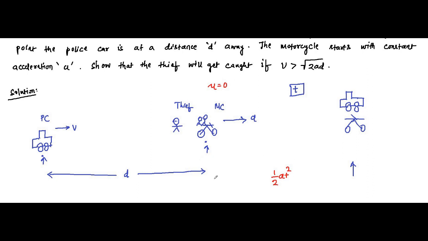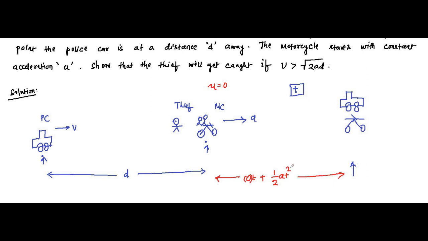The distance traveled is ut plus half at square, so it is 0 times t plus half at square, which is simply half at square.